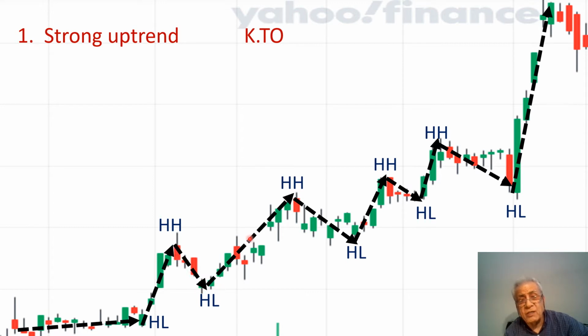So this one must be bigger than this one, and so on. And each successive swing is higher than the previous one. For example, this one is higher than this, is higher than this, and also this one is higher than this one is higher than this. So that is the characteristic of a strong uptrend.